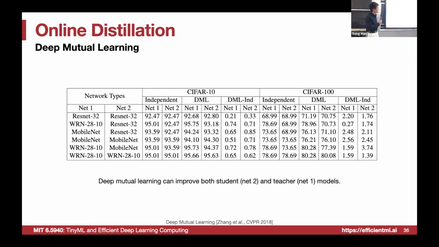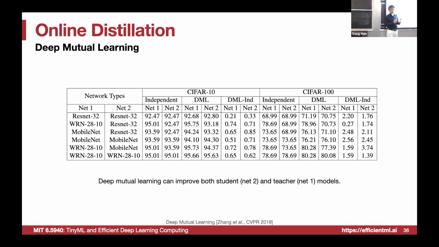So here we can see different data sets, CIFAR 10, CIFAR 100. This is net 1 and net 2. Actually, they can be of the same architecture or different architecture, such as MobileNet versus ResNet. If we train them independently, it's 93, 92.